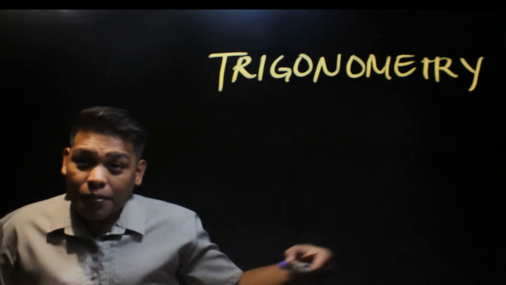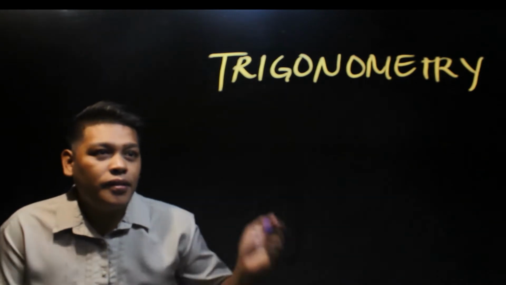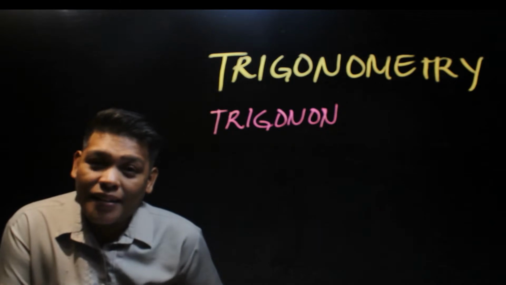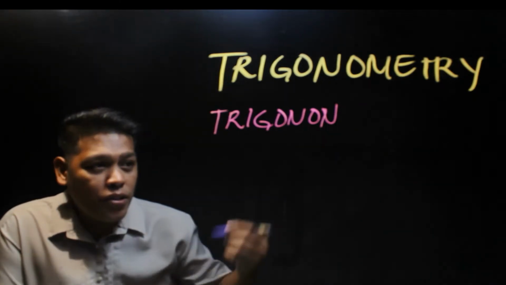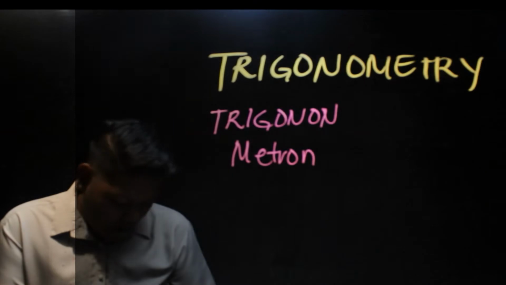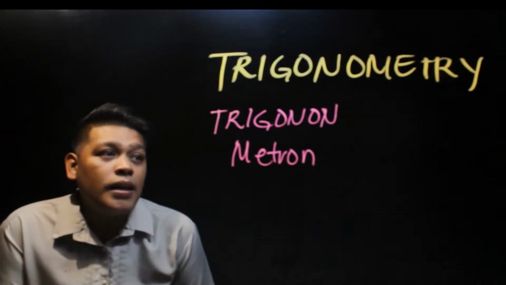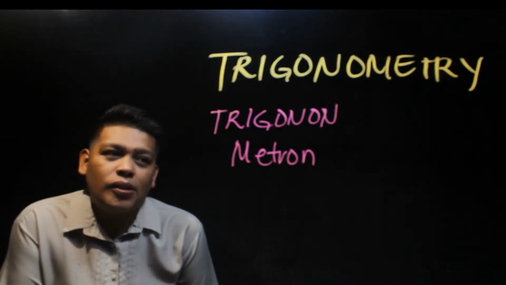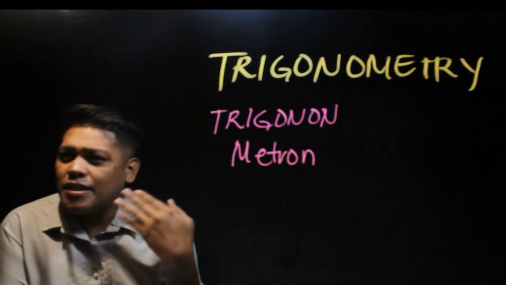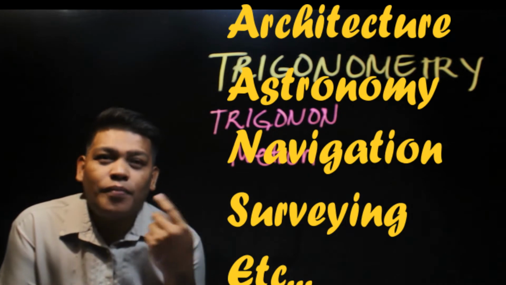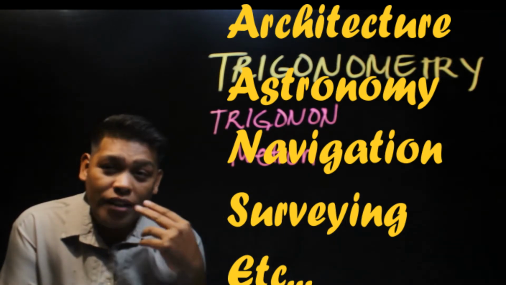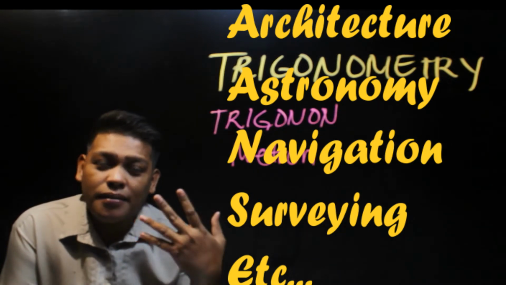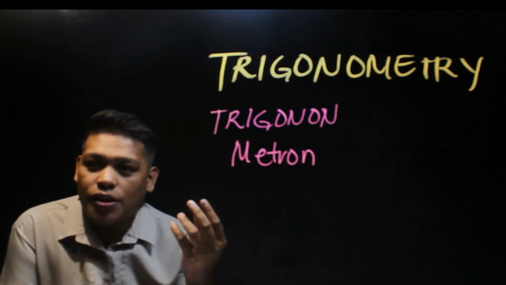So trigonometry comes from the Greek word trigonon, which means triangle, and metron is measure. So ibig sabihin, triangle measures, no? Ang trigonometry, ginagamit siya sa architecture, astronomy, navigation, and surveying, and marami pang application ng trigonometry.